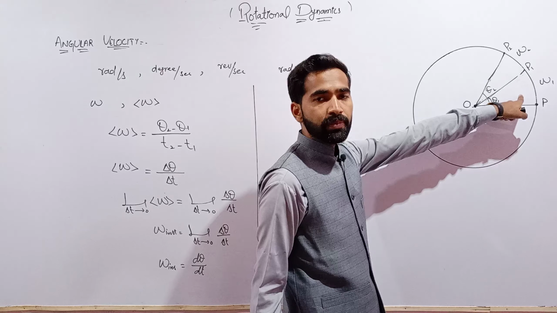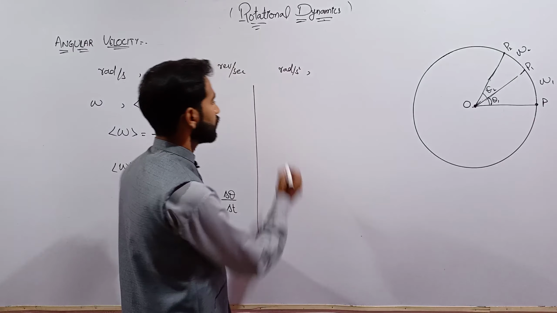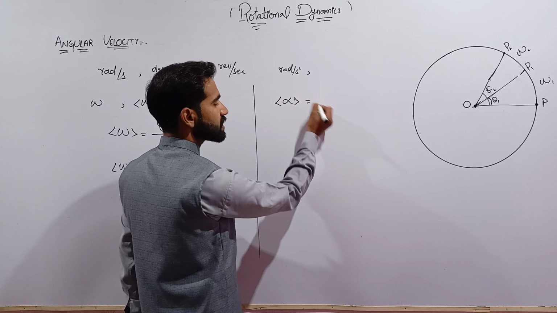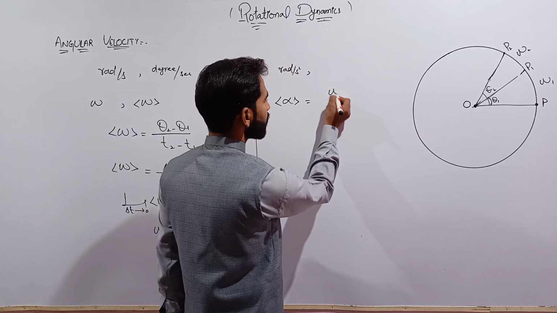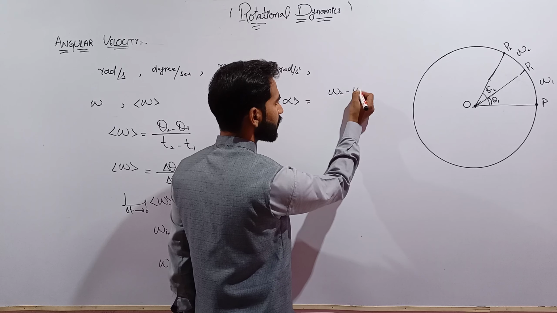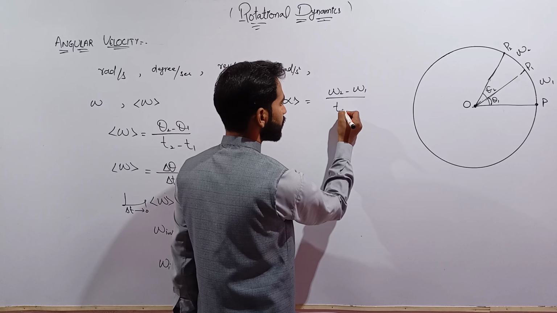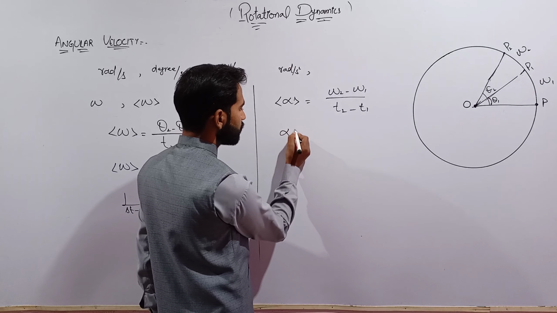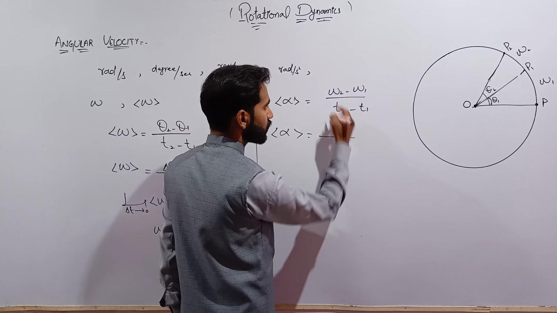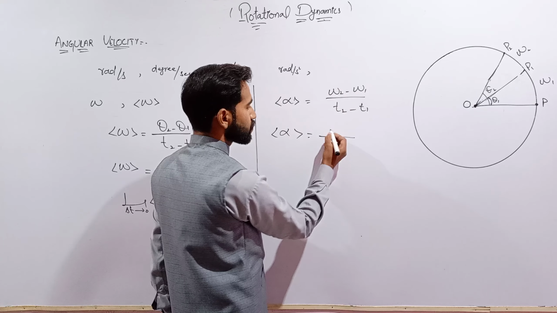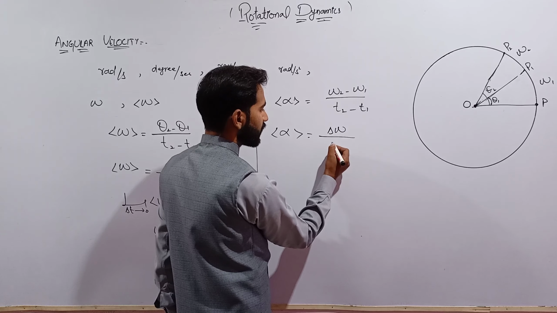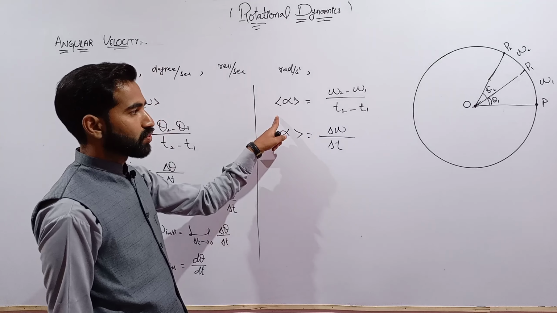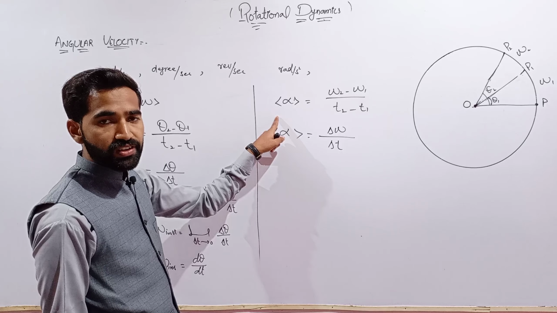So the average angular acceleration is equal to omega 2 minus omega 1 divided by t2 minus t1, or this can be written as alpha average equals del omega divided by del t. This equation is known as average angular acceleration.